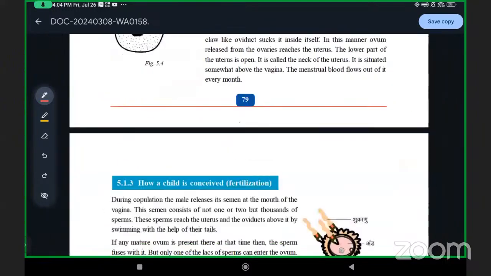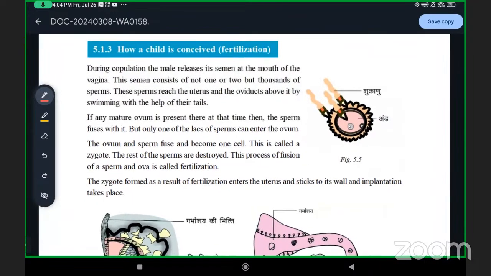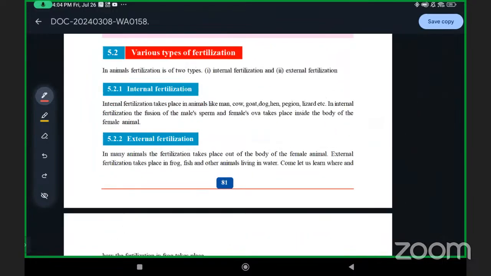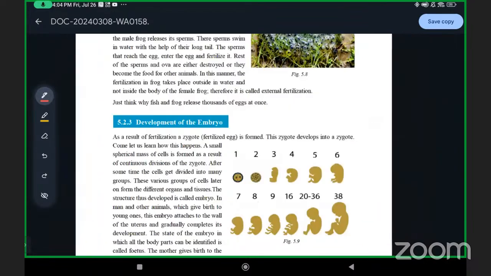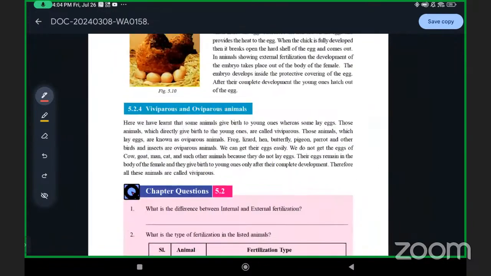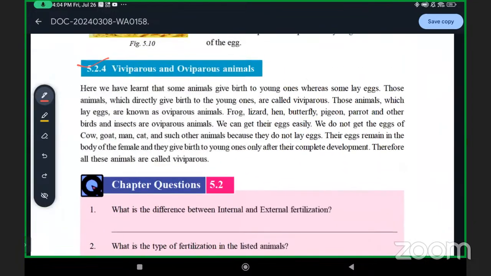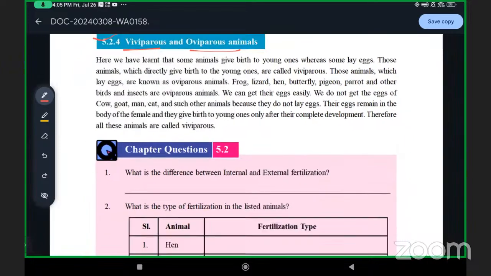Then we studied how fertilization happens, and internal and external fertilization, the two types, and how an embryo develops to form a baby. And we talked about viviparous and oviparous animals. Animals which directly give birth to children are known as viviparous, and those which lay eggs are known as oviparous.